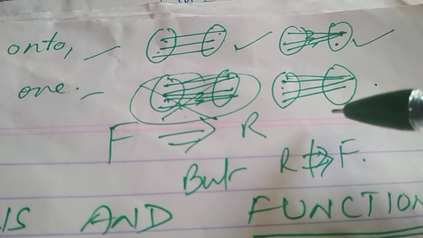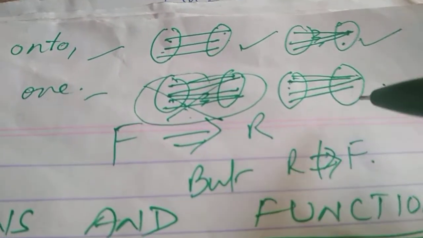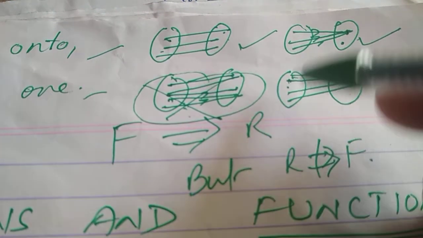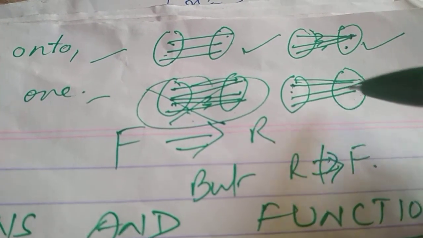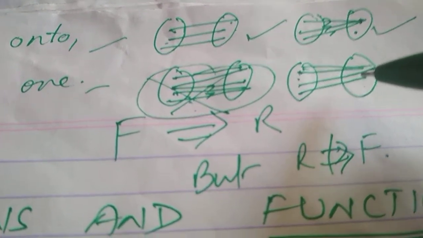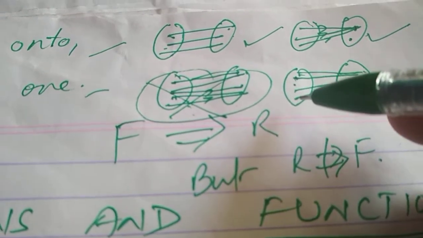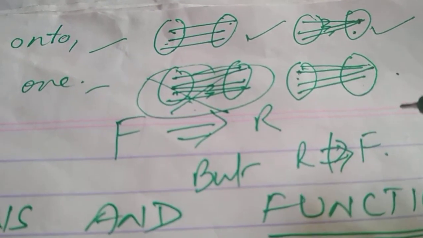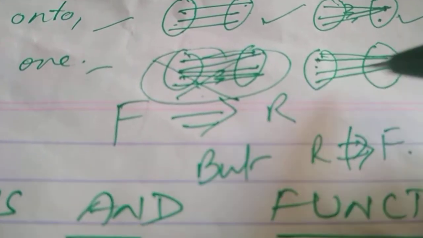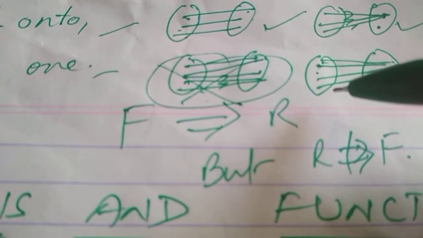Provided the condition that it is a function, all elements in the domain should have single images. One element in the domain should not have multiple images. If it is so, then it is a function.